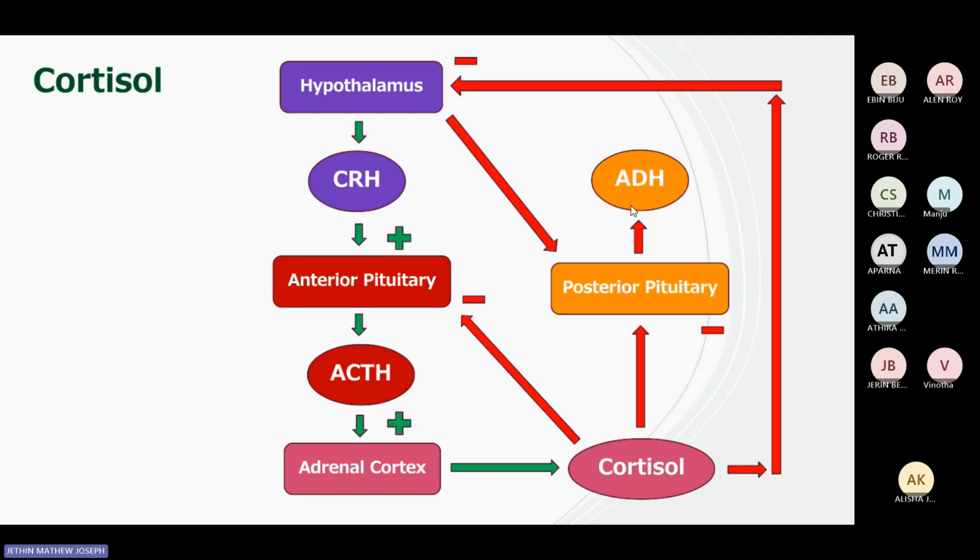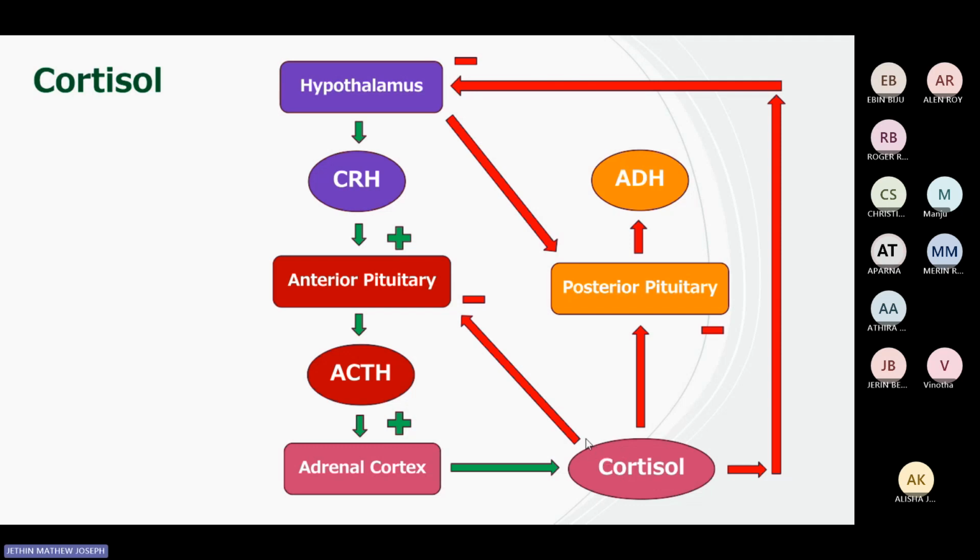First we'll talk about cortisol deficiency. Normally the hypothalamus will secrete corticotrophin releasing hormone that will act at the anterior pituitary. It will cause the anterior pituitary to release the adrenocorticotropic hormone, and that will act at the adrenal cortex to release cortisol.